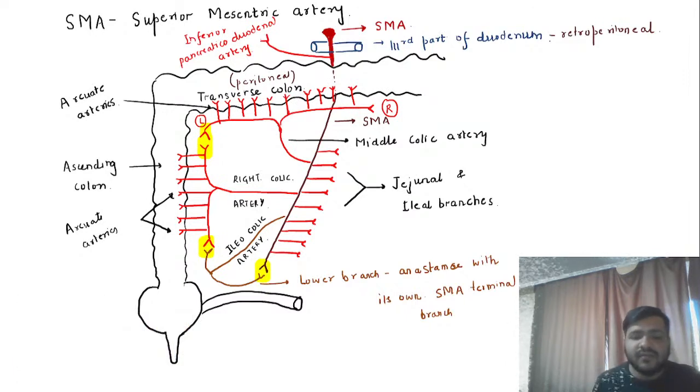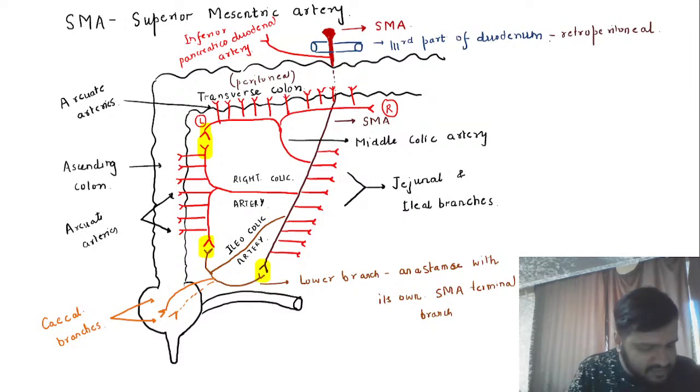Remember that this lower branch of the ileocolic artery is giving blood supply to the cecum as well. Okay, one in the front and one at the back, and this is something which is referred to as the cecal branches.